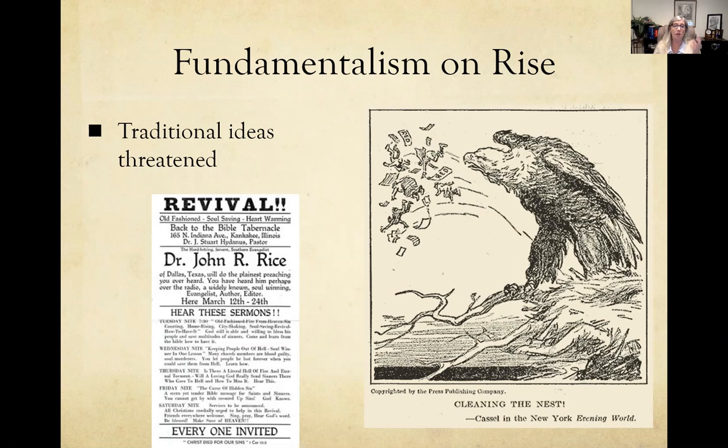And we call this the revival of fundamentalism in the United States. It's trying to bring back these very traditional ideas of morality and society, from a much more material focused society.